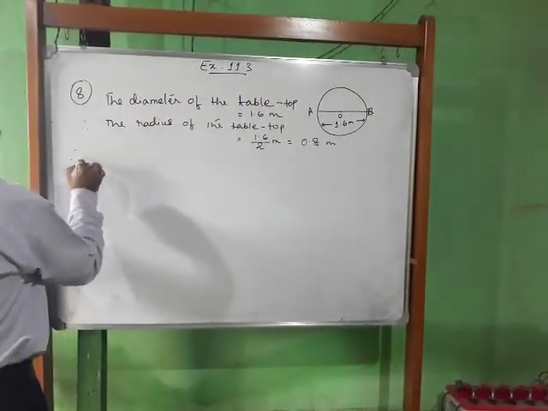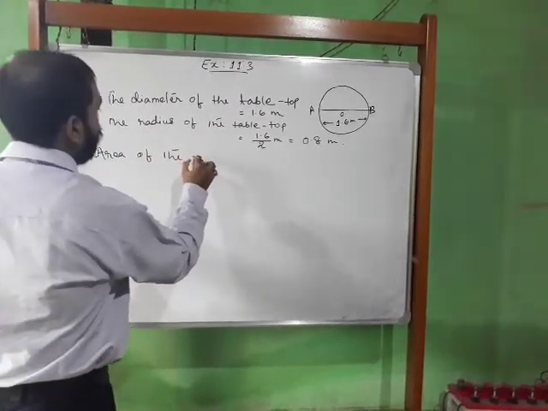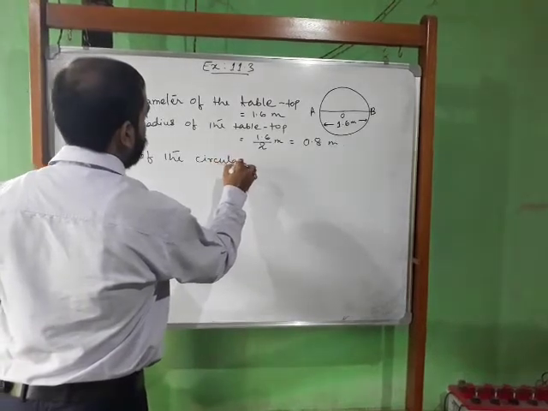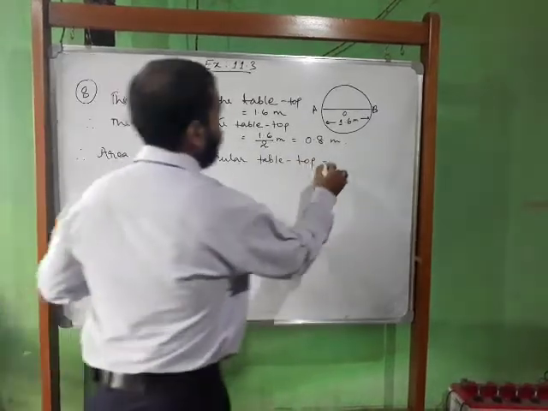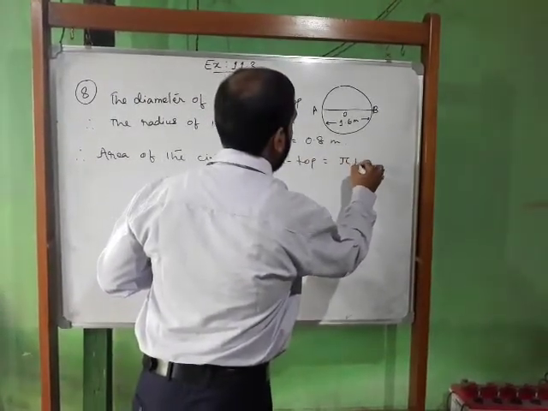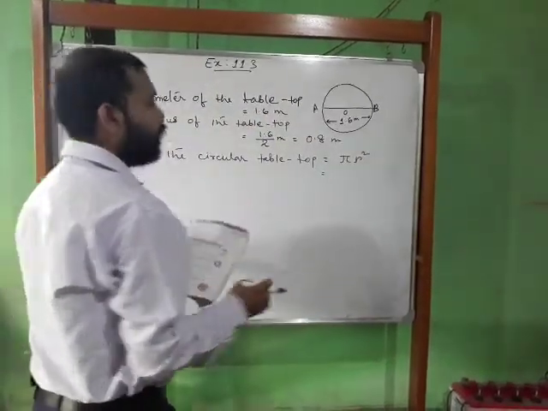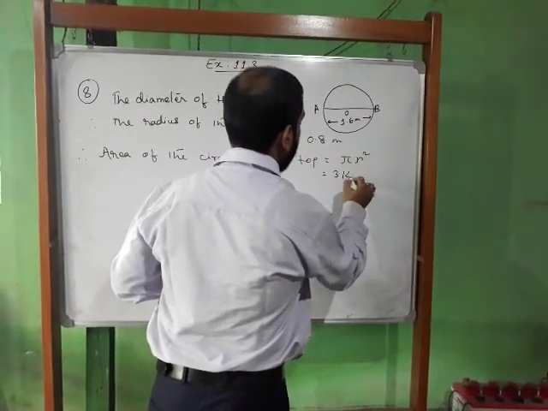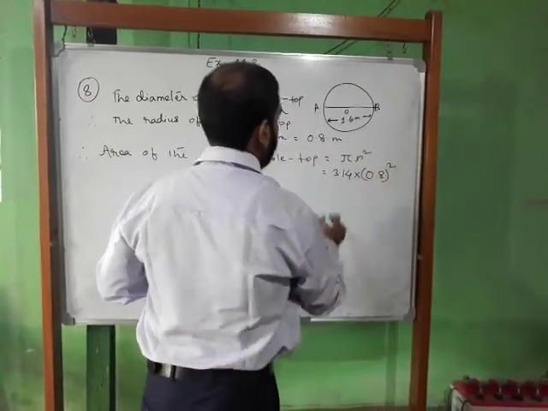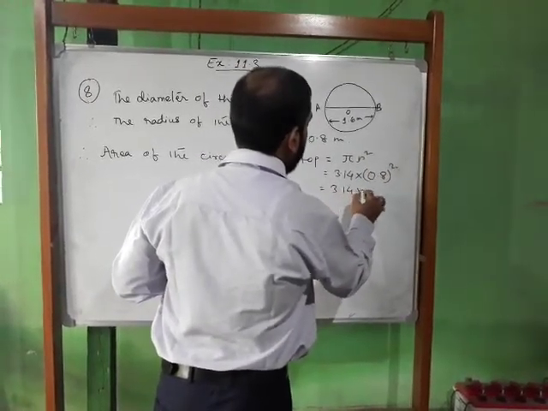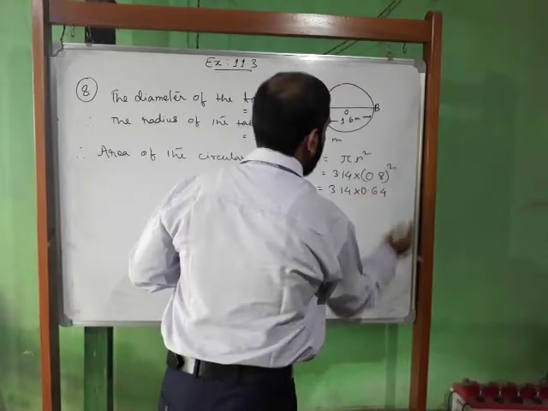Now therefore the area of the circular tabletop is equal to pi r square. This pi is already given as 3.14, so we take the value 3.14 into the radius 0.8 square, and 0.8 square is 0.64.